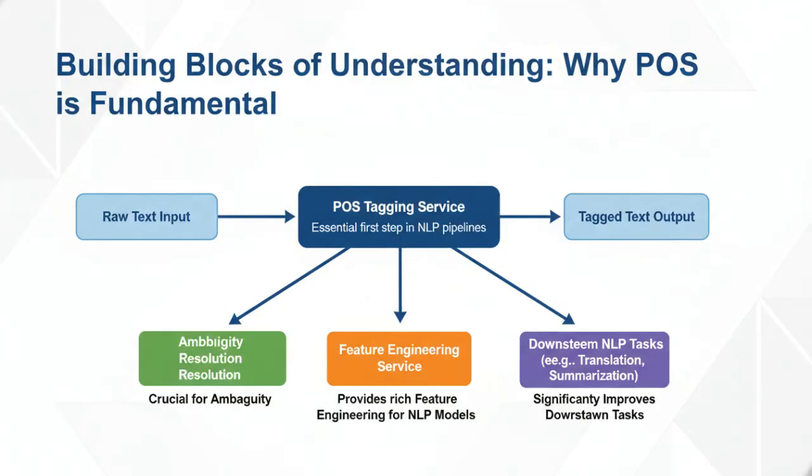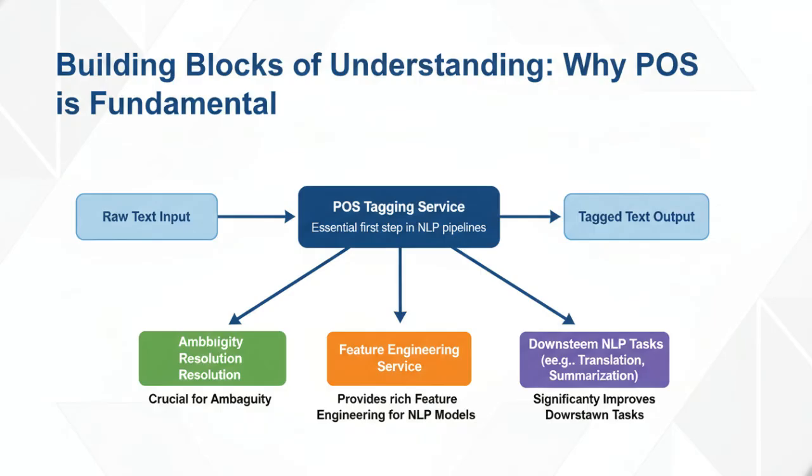You might wonder, why bother with this seemingly basic step? The answer lies in its foundational importance. POS tagging is one of the very first stages in almost any sophisticated NLP pipeline. Without it, computers struggle with the inherent ambiguity of human language. By correctly identifying parts of speech, we enable machines to resolve ambiguities, infer meanings, and understand sentence structures.